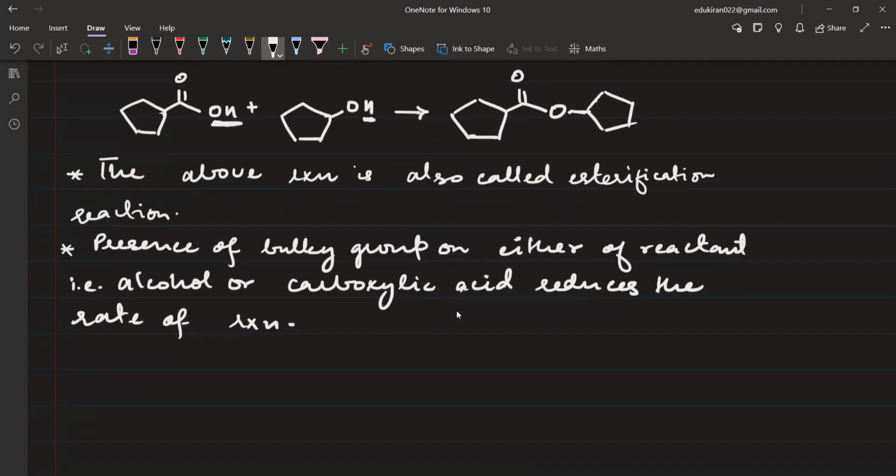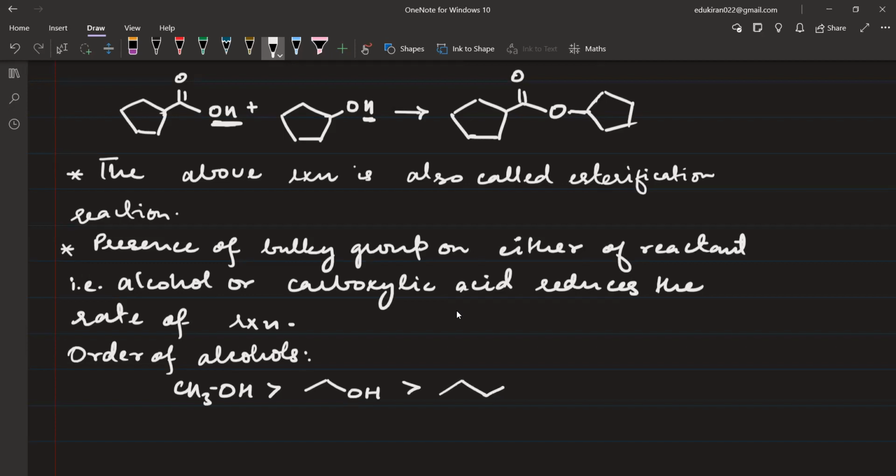Okay, that means if I talk about the order of alcohols, then the alcohol with the least number of carbon atoms, the CH3OH, will be fastest, followed by when you have 2 carbon atoms, followed by when you have 3 carbon atoms.